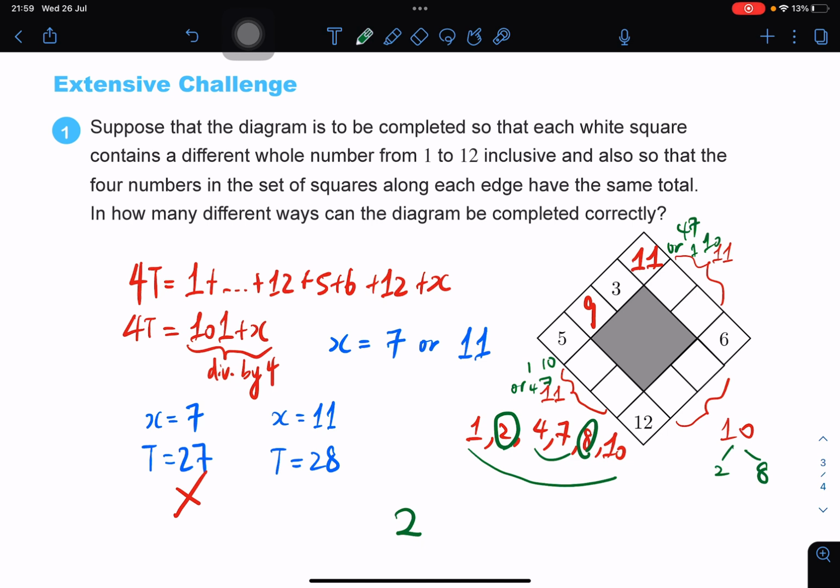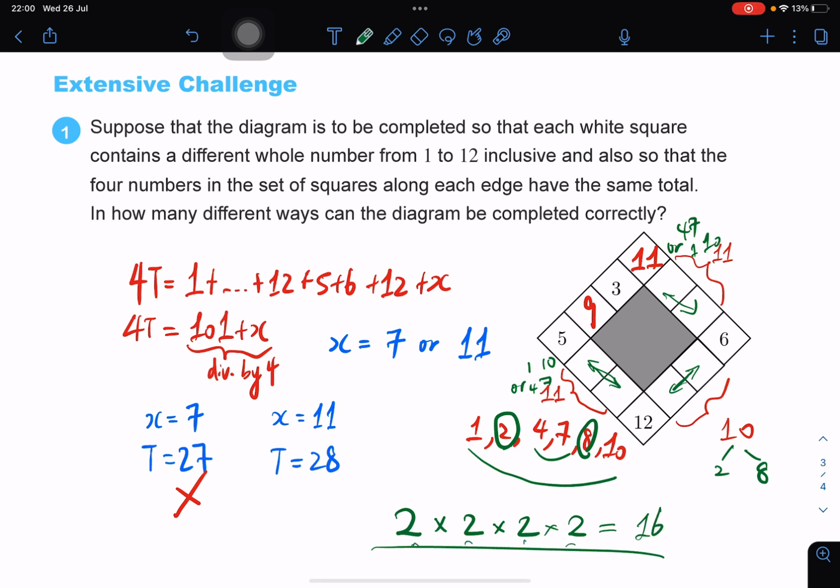And then after choosing one of the pairs, on each side, there will be 2 different arrangements between the 2 boxes. So there will be 2 options on each side, which means that altogether, the number of outcomes is going to be 2 times 2 times 2 times 2, which is 16 ways altogether. All right? So that's going to be the answer to extensive challenge question 1.